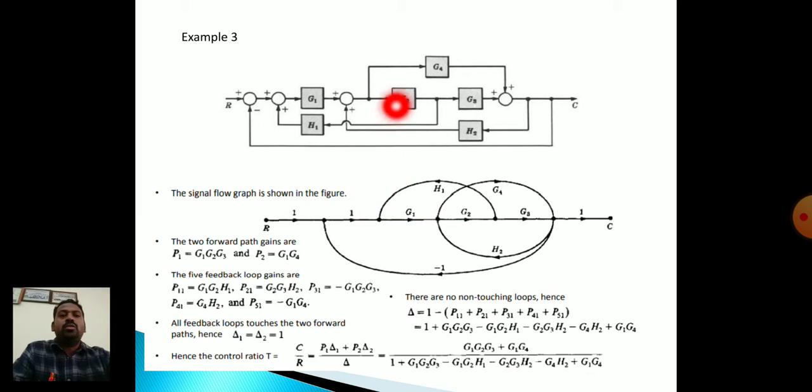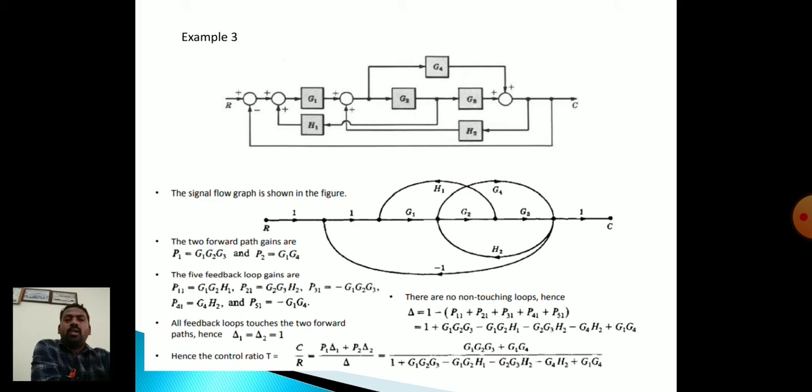Again G2, from here to here G2, here to here G2, from here to here that is G3, again from above that is G4. From here to here that is H2, here to here that is H2, again from here to here that is minus 1. Nothing is there means that is minus 1.